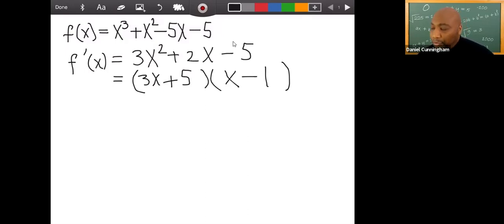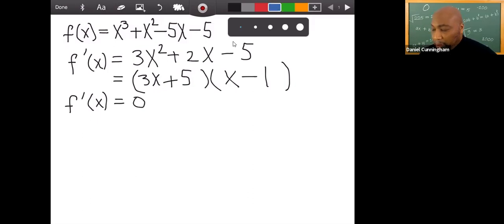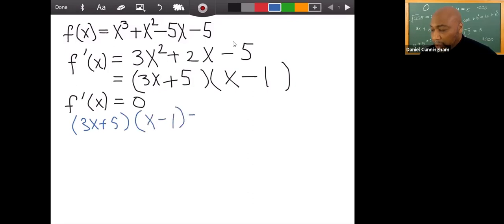Now, once you find the first derivative, you set that first derivative equal to 0. So that's the next step. This step always happens: take the first derivative, set the first derivative equal to 0. Since I factored it, I'm going to write it in blue. 3x plus 5 times x minus 1 is equal to 0.